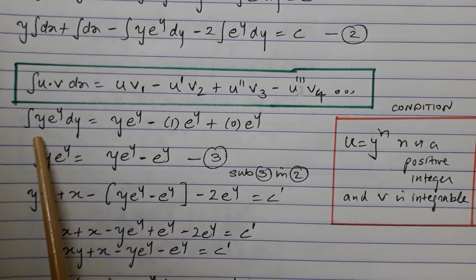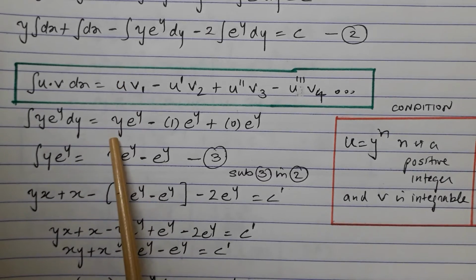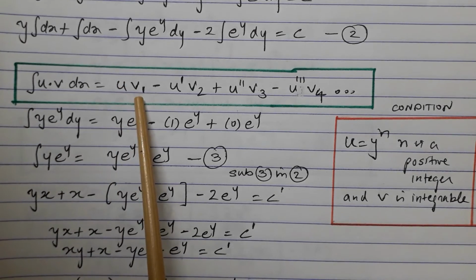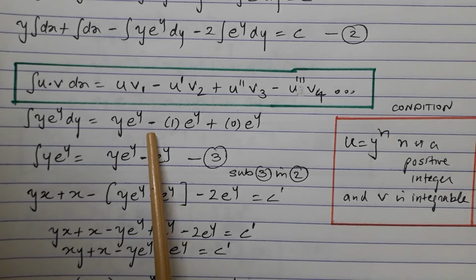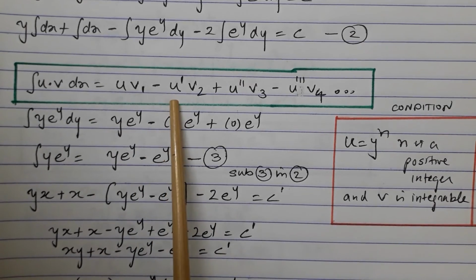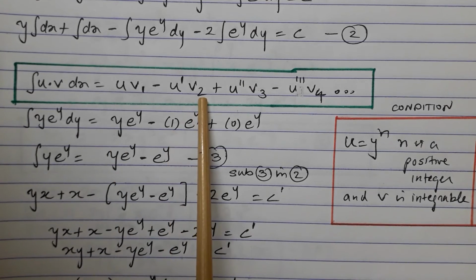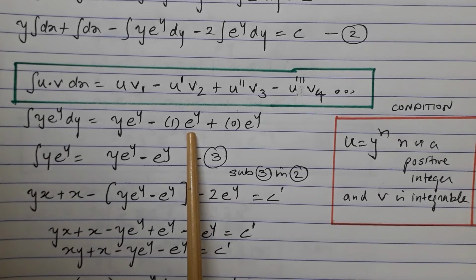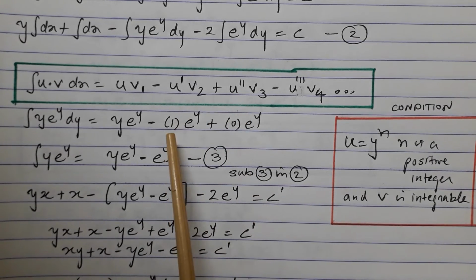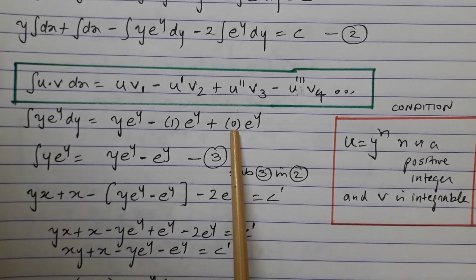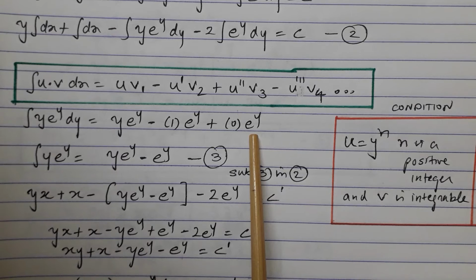So integral of y e raised to y dy is u, that is y, times v1, the integral of e raised to y, that is e raised to y, minus the derivative of u, that is the derivative of y, which is 1, again integrating e raised to y, that is e raised to y again, plus the second derivative, taking the derivative of 1, which is 0, and again integrating e raised to y.